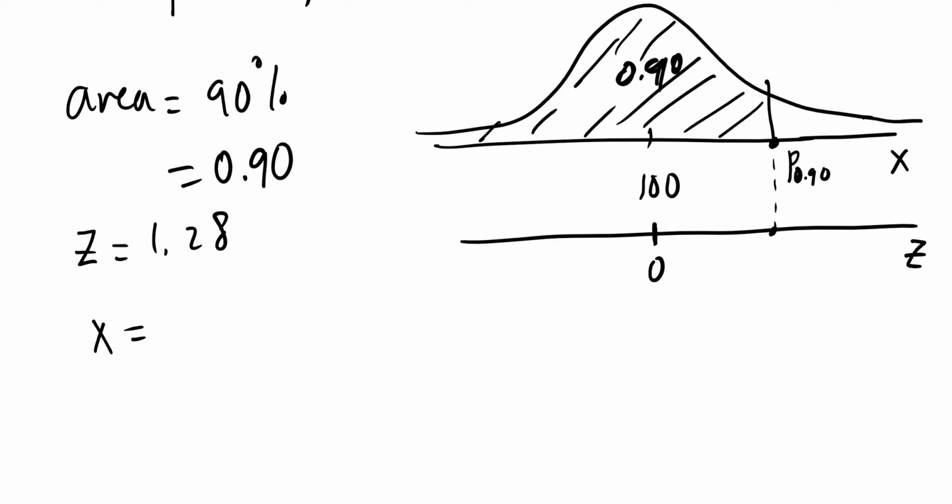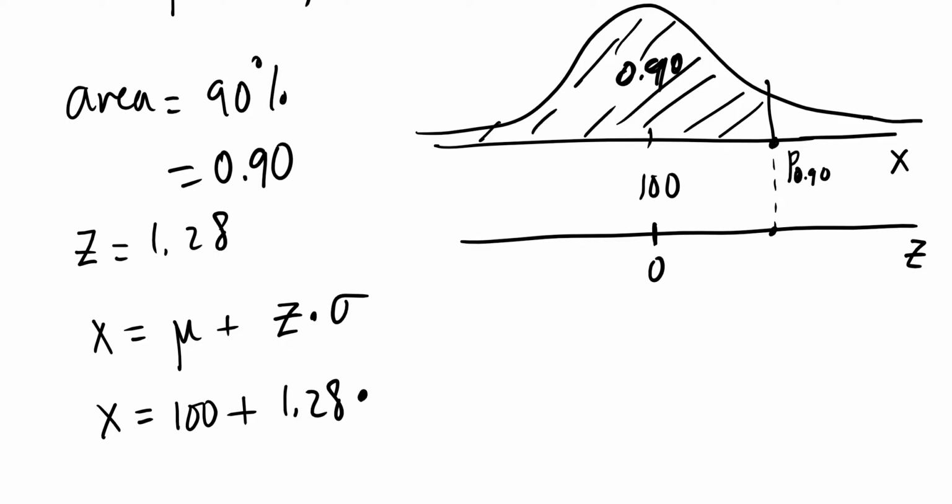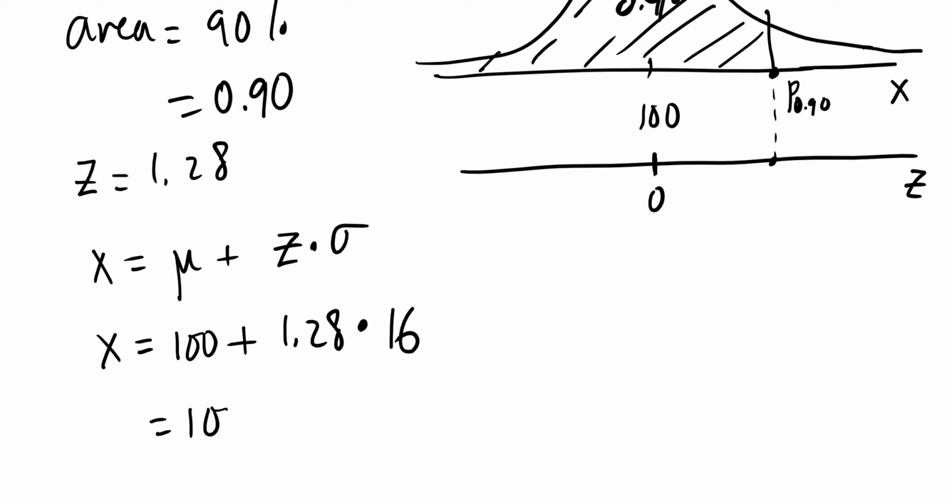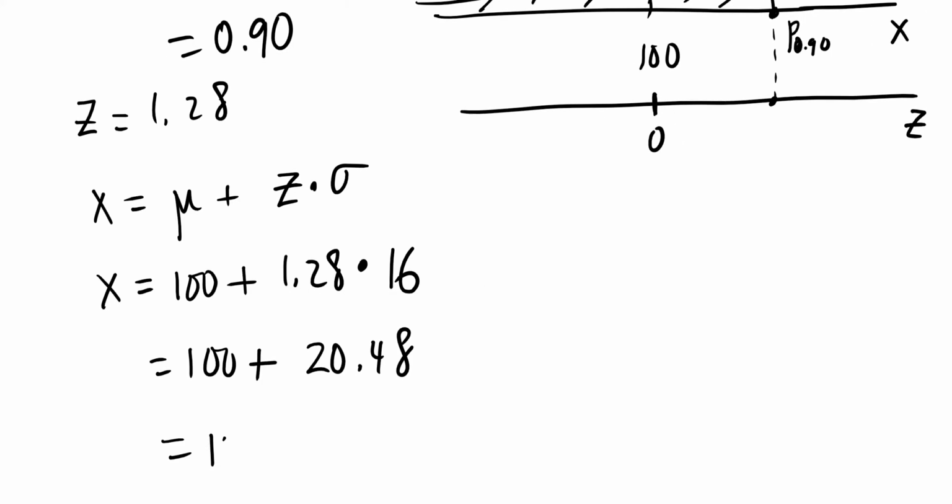Then x is the mean plus z times the standard deviation. The mean was 100, so 100 plus 1.28 times the standard deviation, which is 16. If we multiply these together, that gives us 20.48, and adding them up, that would be 120.48. That's what it is.